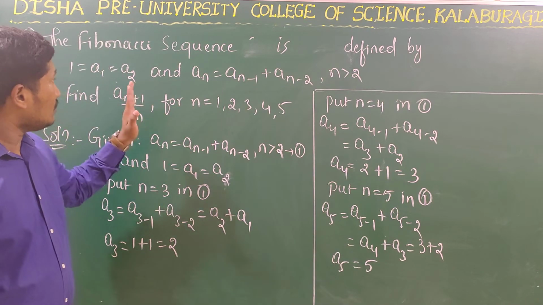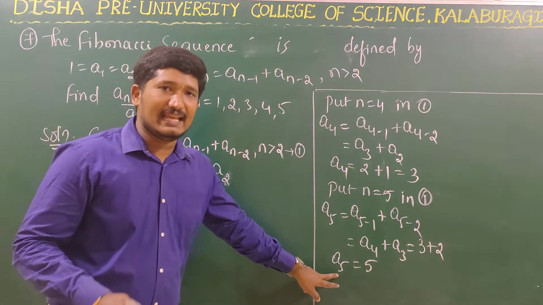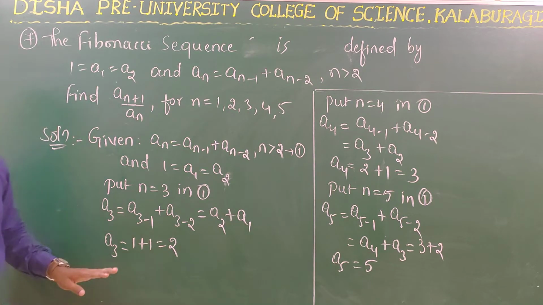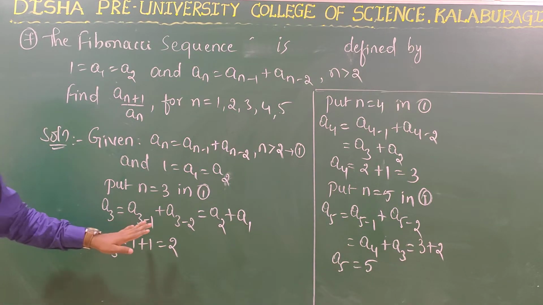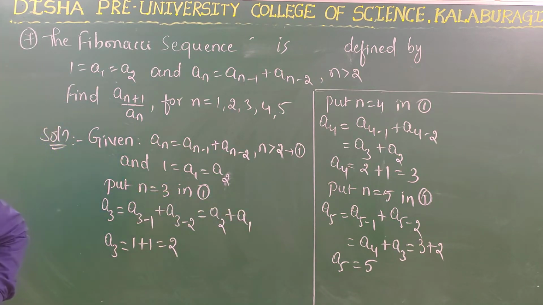Right? So now the last value that we have to find is A6. So note this down first. Now let us find the value of A6.